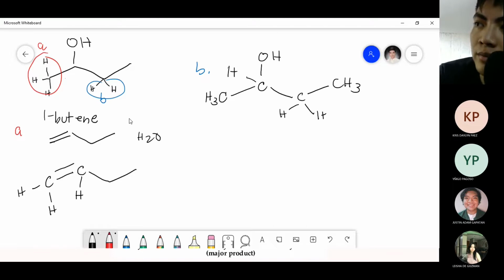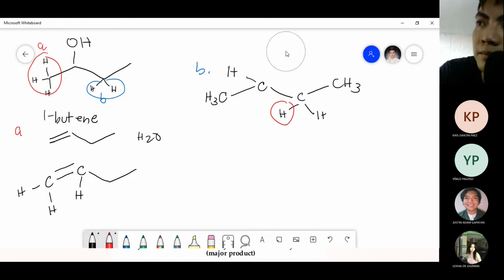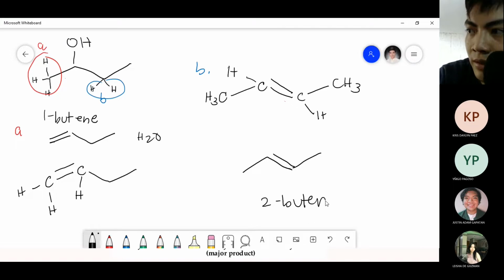Yung OH na yan, kukunin niya yung isa sa mga hydrogen neto. Okay? So ano mangyari pag kinuha niya yan? Mawawala sila. Tapos, since mga single na sila, pwede na sila makipag-partner ulit. So ito single, ito single. So pwede sila mag-partner to form the double bond. Okay. So in drawing, ganito yan. So that's 2-butene.